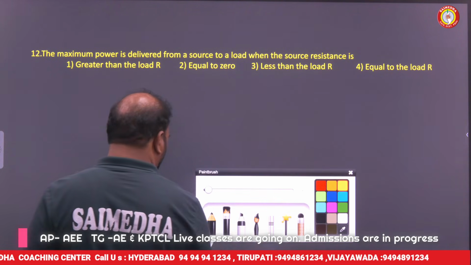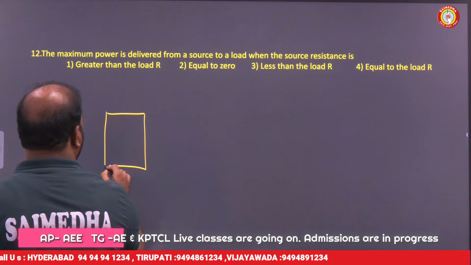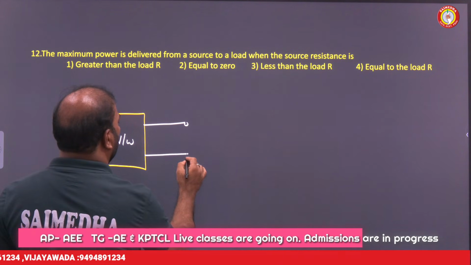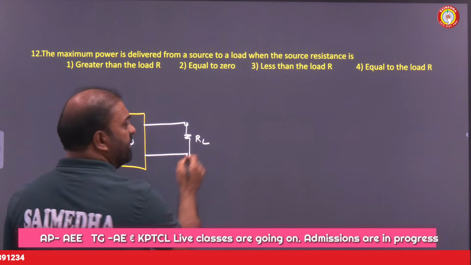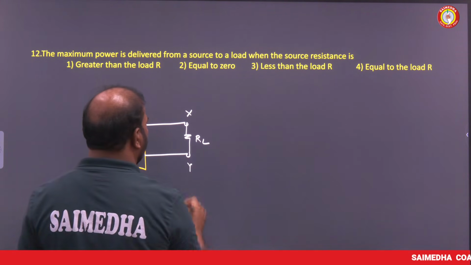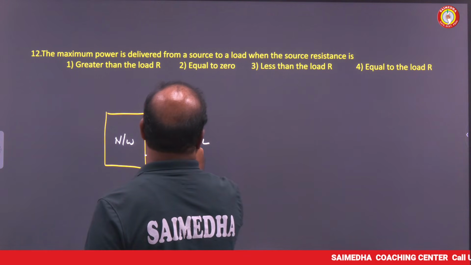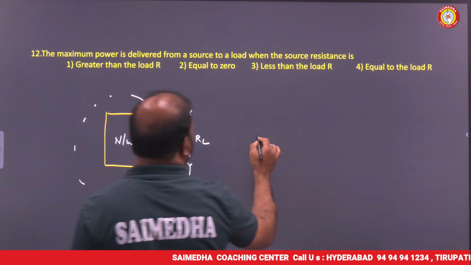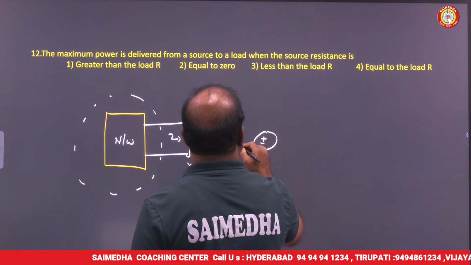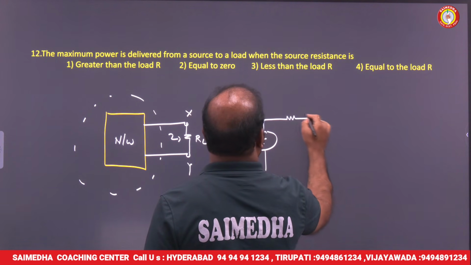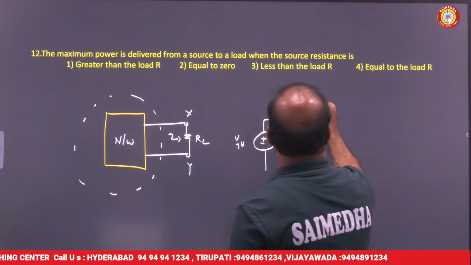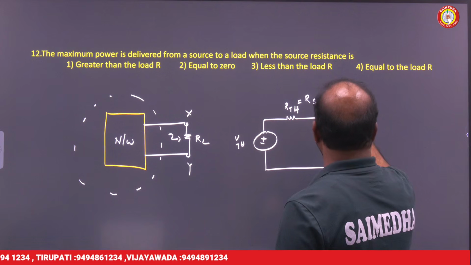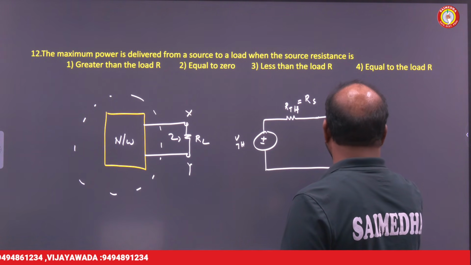My friends, whenever we have a network, and this is the load resistance connected between the terminals X and Y, if you represent the whole network by Thevenin's equivalent voltage source in series with Thevenin's equivalent resistance, also known as the source resistance, these are the target terminals or load terminals X and Y, and here we have the load resistance.